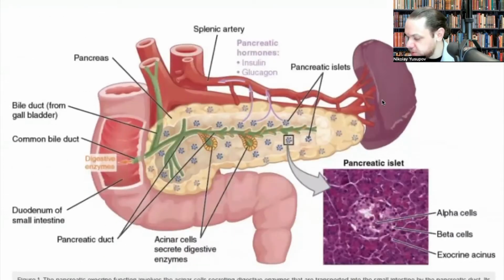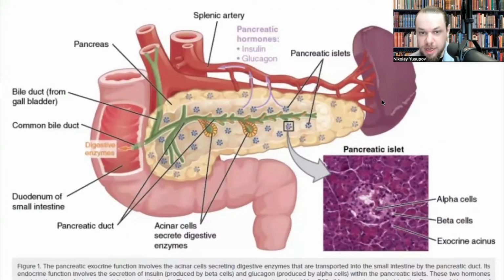Here we see both the endocrine and exocrine functions. I would just explain to you, the exocrine secretes the digestive enzymes that we see here, right from the pancreatic duct.